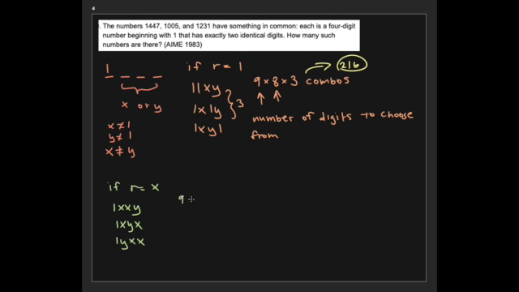For the same reason, we do 9 times 8 times 3 combinations, which gets us the same number, 216. And to find the total number, we do 216 plus 216, which gets us 432.